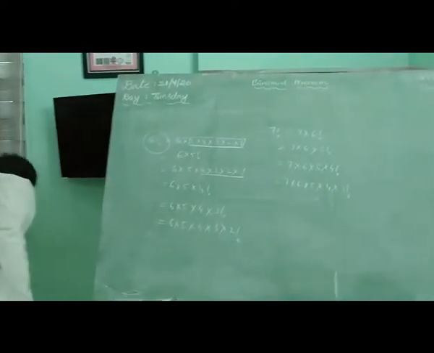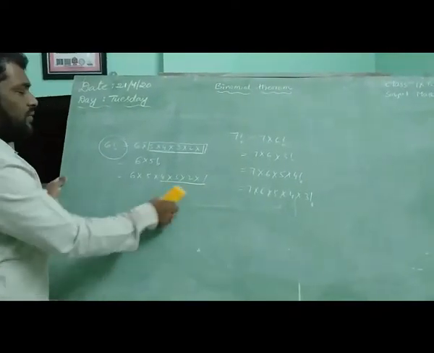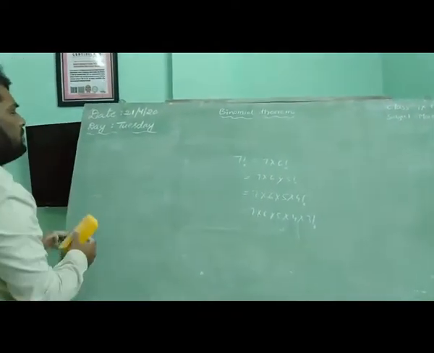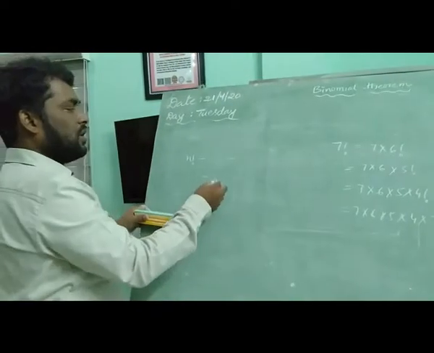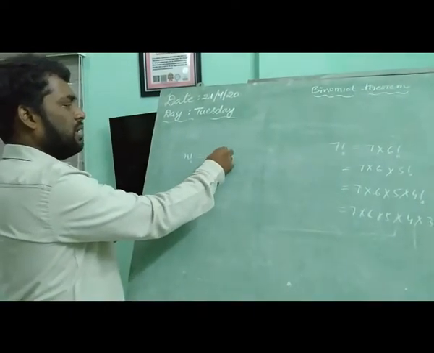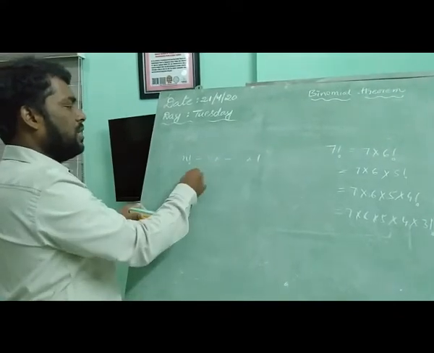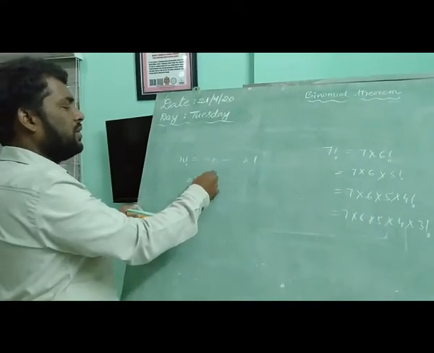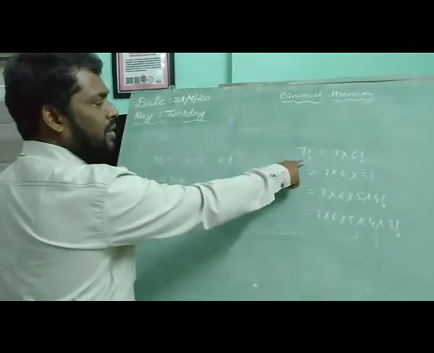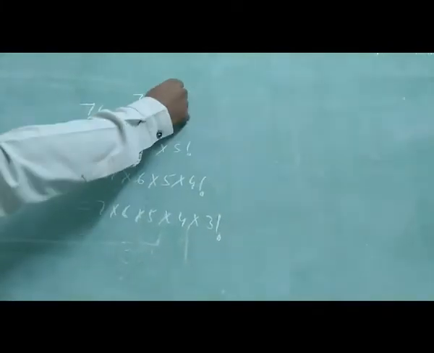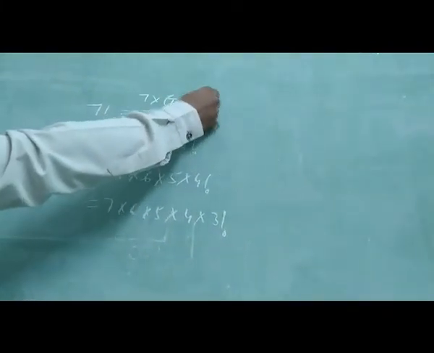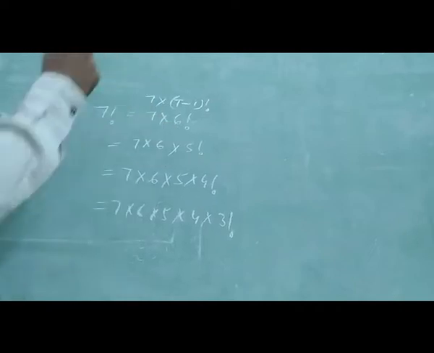Now I am giving a general notation for n factorial. You know already n factorial means the product of first n natural numbers, n into and so on into 1. 7 factorial can be written as 7 into 6 factorial, that means 7 into 7 minus 1 factorial.